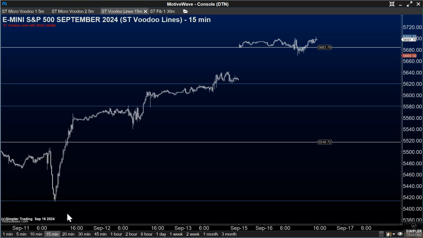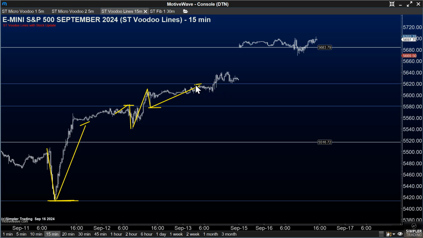If we look at the last several days, you can see how useful these Voodoo lines are. After all, here on Wednesday of last week, we came pretty much right down to a Voodoo skyline in the futures and turned right back up. Right? We ran into an upper skyline and got a little bit of a pullback, but climbed above, tested that skyline from above, and it was back up.